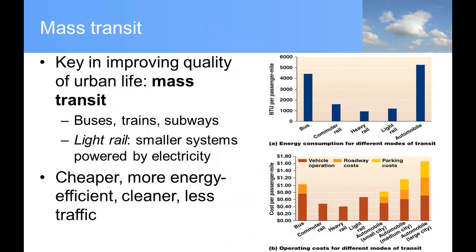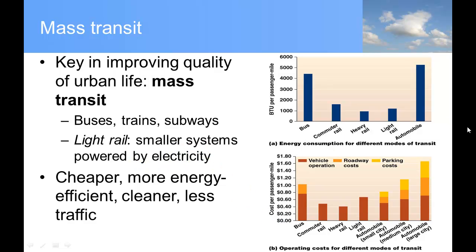Mass transit. This is any type of commuter system where people can ride in a shared vehicle, whether it's buses or subways or some other type of commuter train. Light rail is usually referred to as any type of train system powered by electricity.